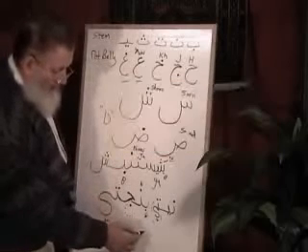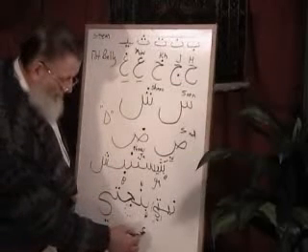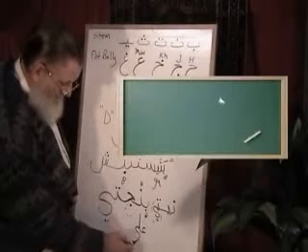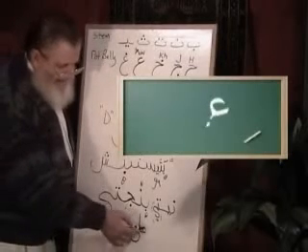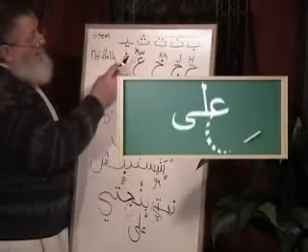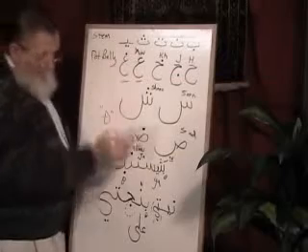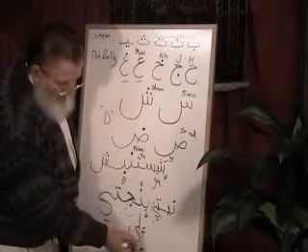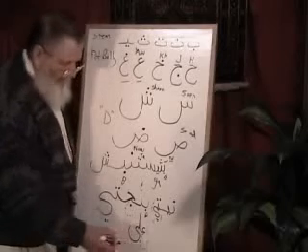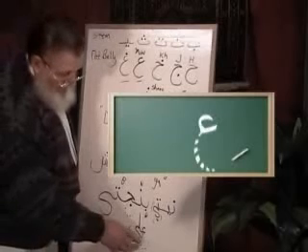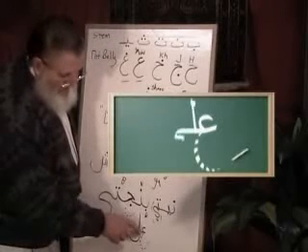Ya. And I'm going to write a simple little word for you right here. Watch this now. That is the letter ein. But again, he lost his tail, because they don't get to keep that little tail when they're connected to another letter. So watch out. Now when you see this, that's ein.